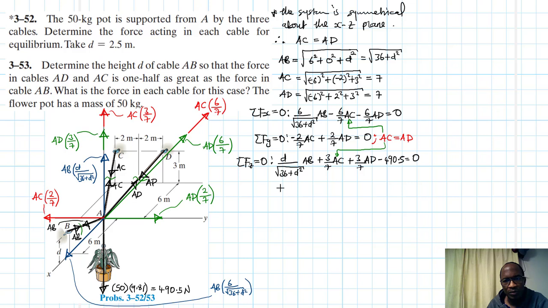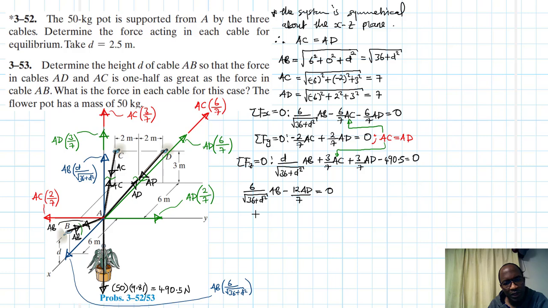So this becomes 6 divided by square root of 36 plus d squared AB minus, 2, so this becomes 12 AD divided by 7 equal to 0.